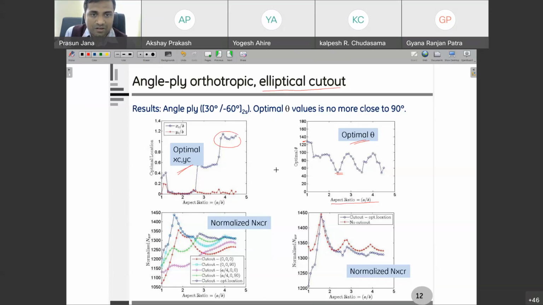So the point is, you can see there is influence from the shape of the cutout. There is influence from the material parameters: if it is orthotropic, you will have different behavior; if it is isotropic, you will have different behavior.